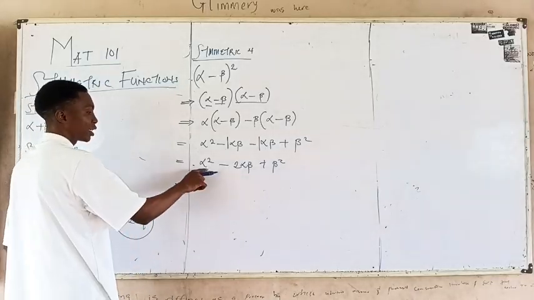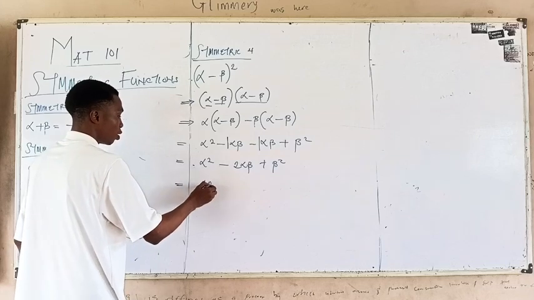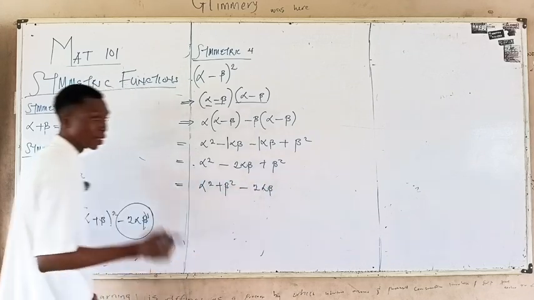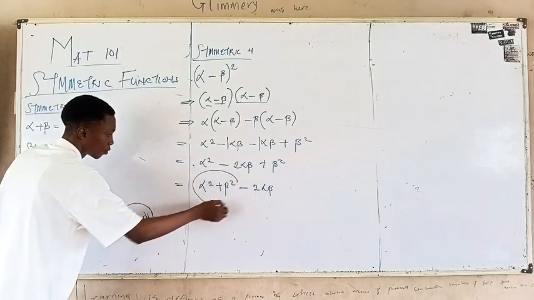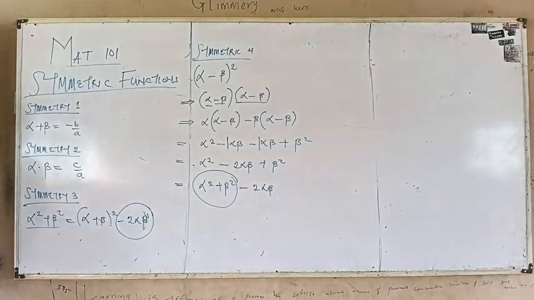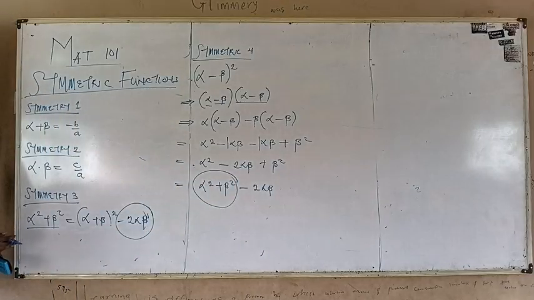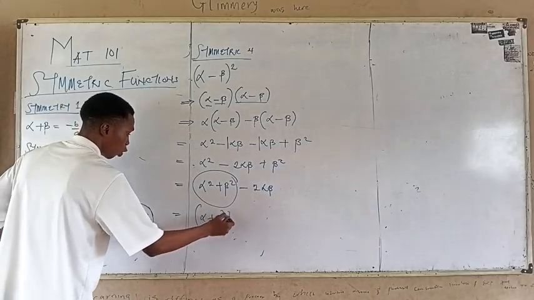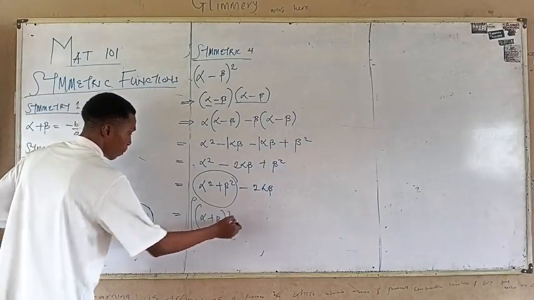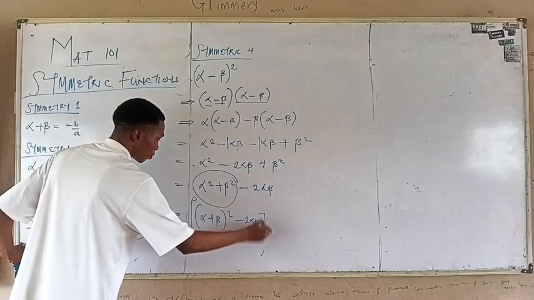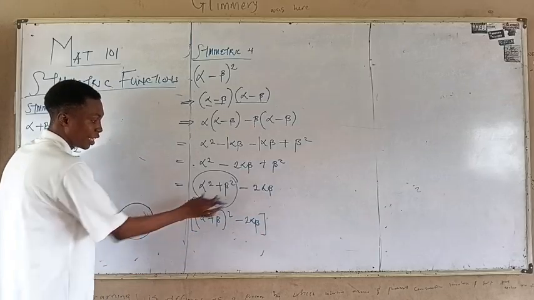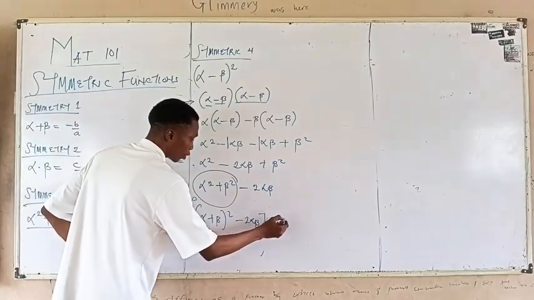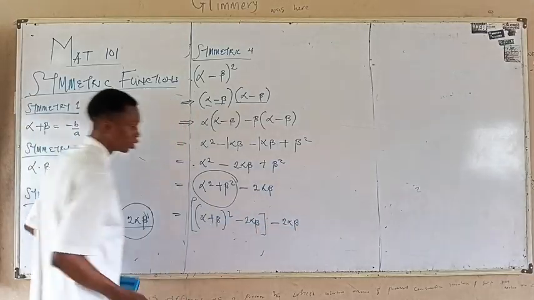Watch. This can come together and turn to what? Remember this guy to be this. So when I input it, what will I have? Alpha plus beta all squared minus 2 alpha beta, and then here we have minus 2 alpha beta.